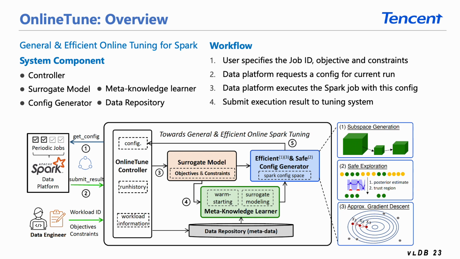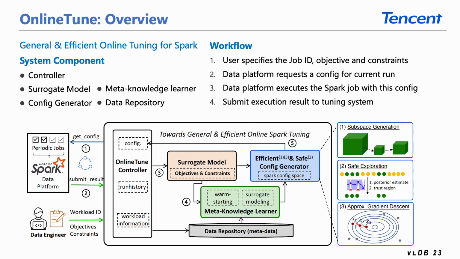The efficient, safe configuration generator is to suggest a promising configuration to evaluate for a tuning task. The meta-knowledge learner is capable of leveraging tuning history from previous tasks. The data repository is to store tuning-related data, including run history, workload metrics, etc.